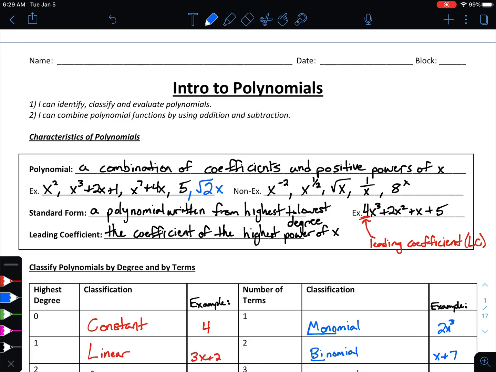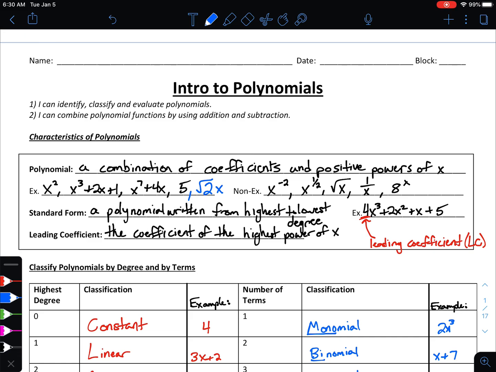Now, when we talk about polynomials, we're going to classify those using some different terms. The first thing that we're going to do in order to classify a polynomial is write it in standard form. A standard form polynomial is just a polynomial that's written from its highest to lowest degree. What I mean by degree is the exponent. To give you an example of that, 4x to the 3rd plus 2x squared plus x plus 5 would be a standard form polynomial.